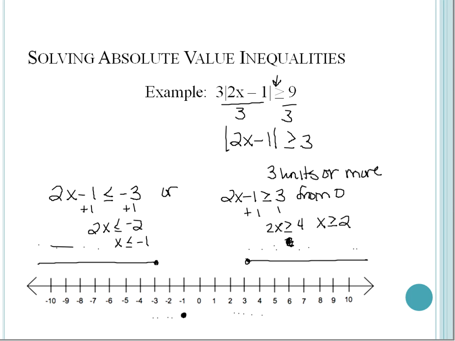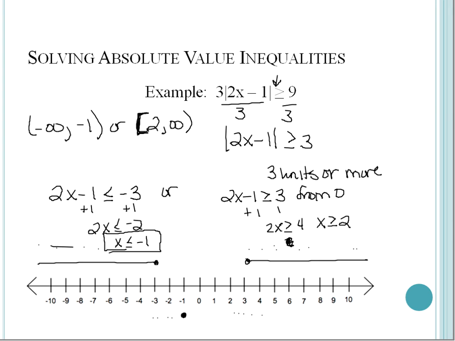And so when I write this, I can write this in interval notation. The first one, x is less than or equal to negative 1. Excellent. Or x is greater than or equal to 2. And so since it can be equal to 2, I'm going to put that bracket. Excellent, thank you, 2 to infinity.